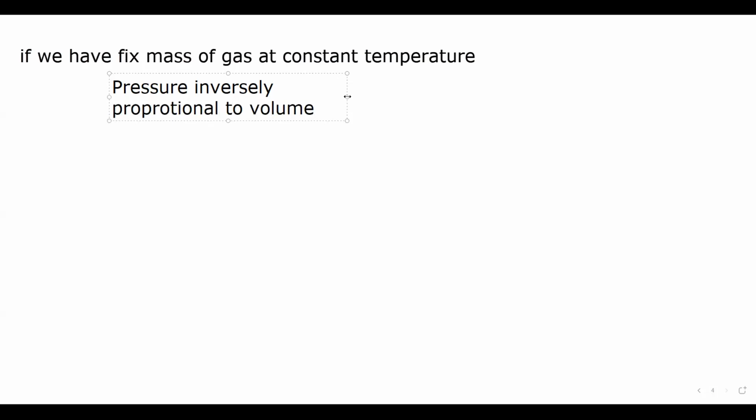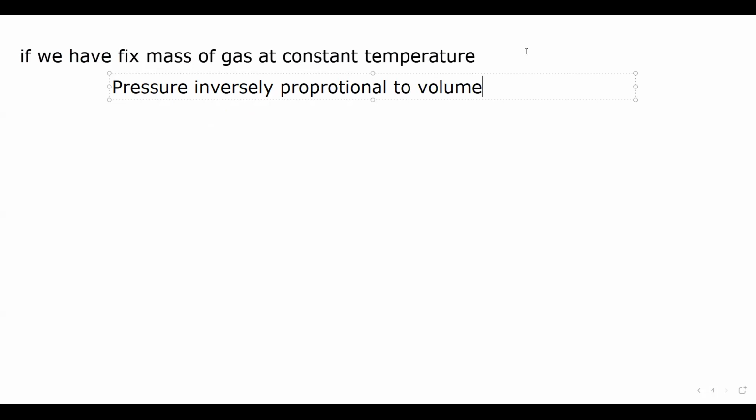It means if we increase the pressure, the volume decreases, or if we decrease the volume, the pressure increases. So they are inversely proportional. Is it clear, the concept, the relation between pressure and volume of a gas?